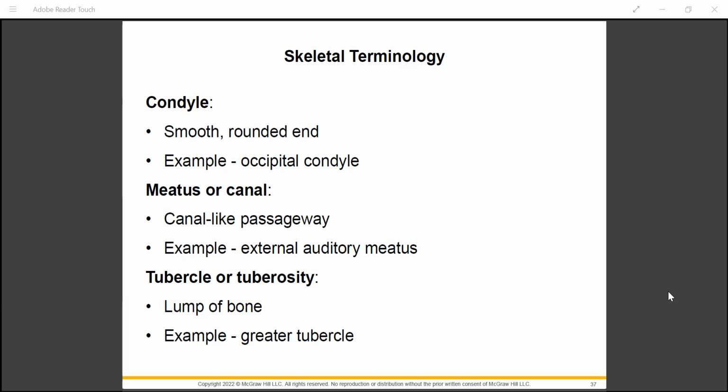Our external auditory meatus is the opening for our ears. And then a tubercle or tuberosity is more or less going to mean a lump of bone. The greater tubercle we find on a few different bones, like our femur and our humerus, is an attachment point for muscles. Or you can feel your tibial tuberosity if you go below your kneecaps and feel that bump in the top middle portion of your shin.